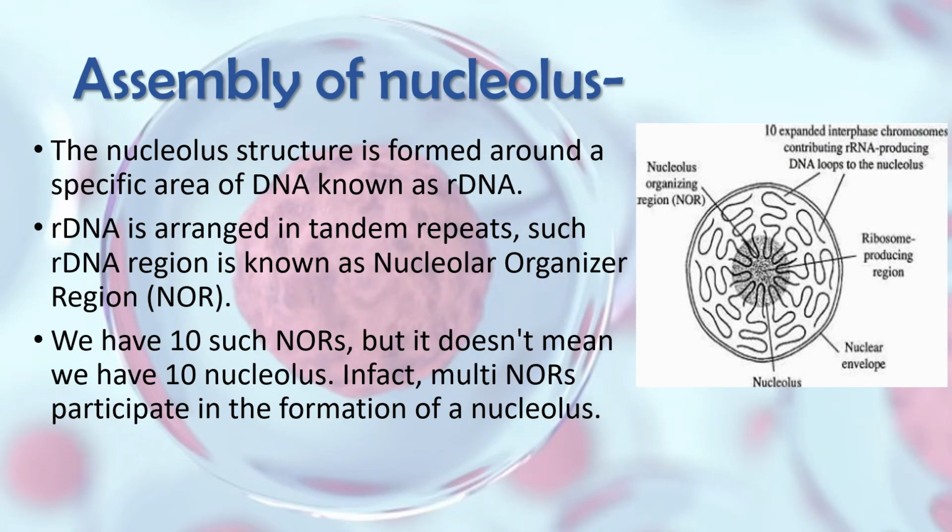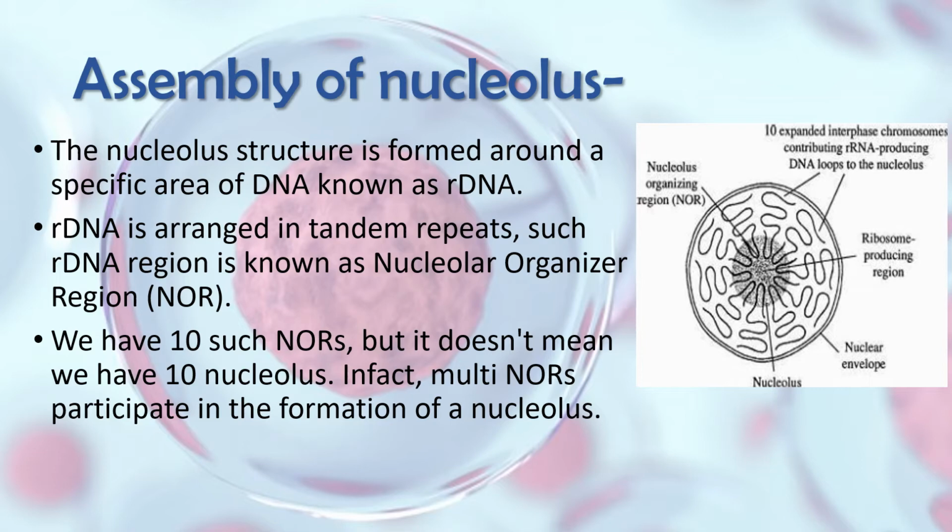Next, the assembly of the nucleolus. You all must be curious: if the nucleolus is not any kind of prominent structure, how does it form? Basically, it is the junction of a specific part of chromosome, that is ribosomal DNA, which codes for rRNA synthesis.